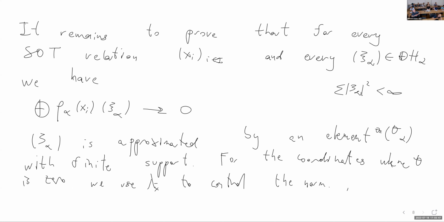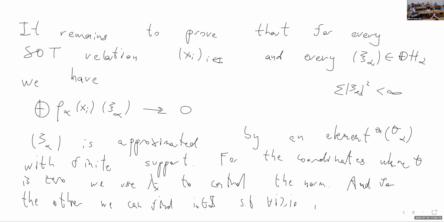And for the others, we can find elements at I0 such that for all I0, this row alpha xi of these coordinates, and I guess I should put an alpha here, and here is just the coordinate in the form.